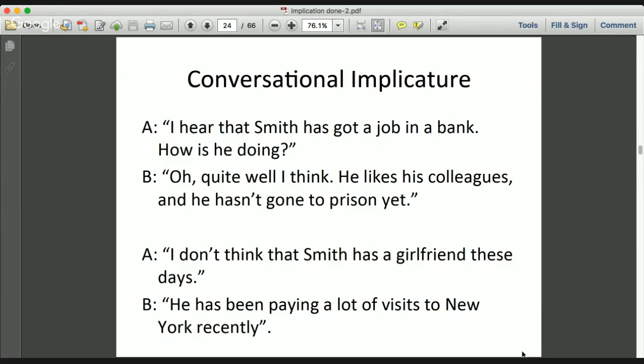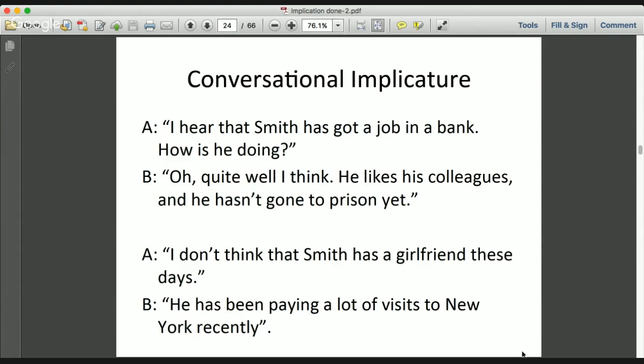They're not necessarily the clearest. But I think B's response is saying that he does have a girlfriend, because that's why he's going to New York. So he's implying something with his answer, which isn't the same kind of implication that we've got with the material conditional.